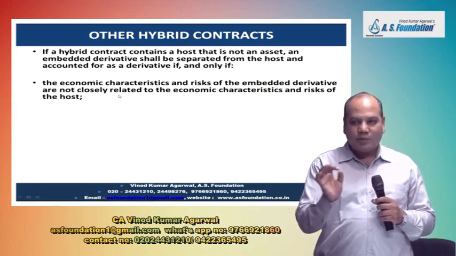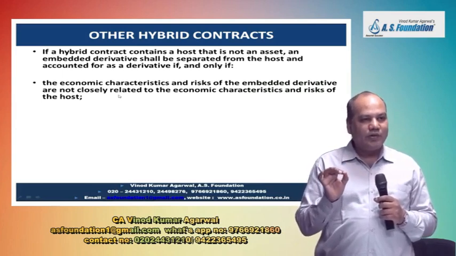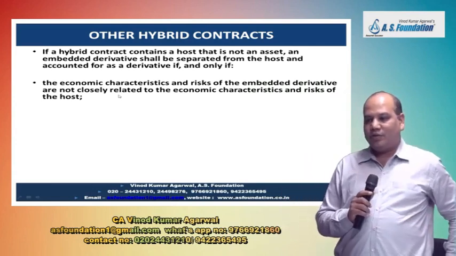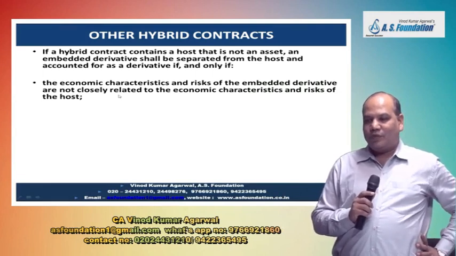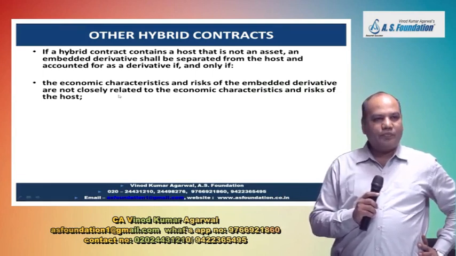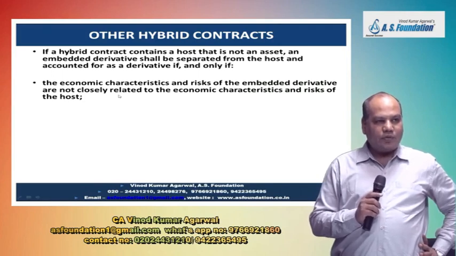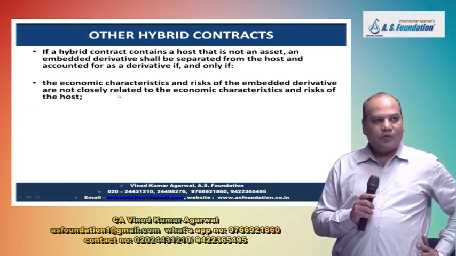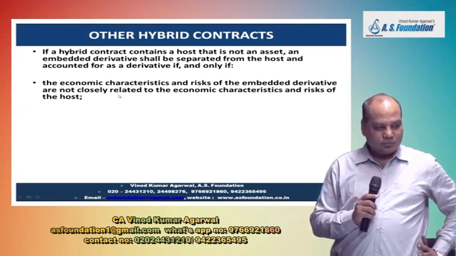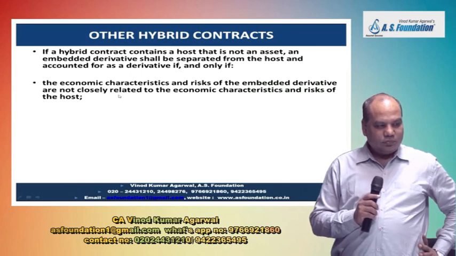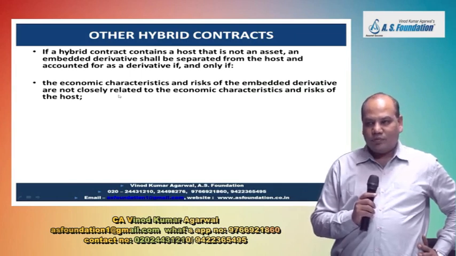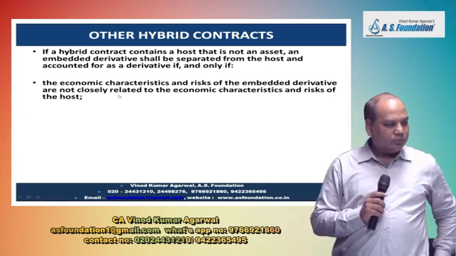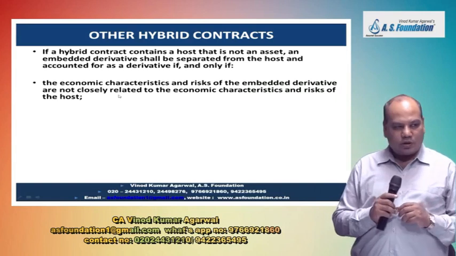So if you want to write the explanation: the factors affecting risk and return of the derivative are different from the factors affecting risk and return of the host contract. Is it right?